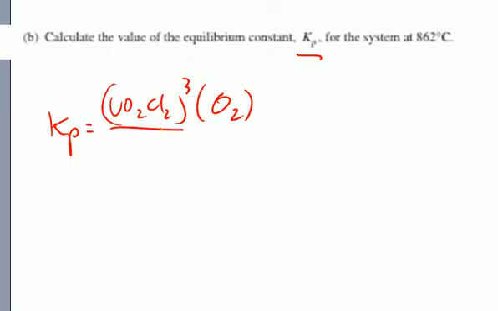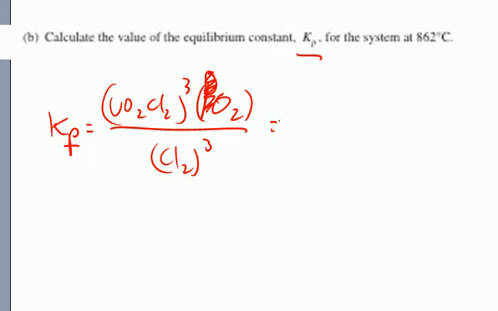B, calculate the value of the equilibrium constant Kp for the system at equilibrium. Kp is going to be equal to UO2Cl2 raised to the third power multiplied by O2, divided by Cl2 cubed. They're putting P's in front, which just denotes that we're talking about partial pressure in terms of Kp.